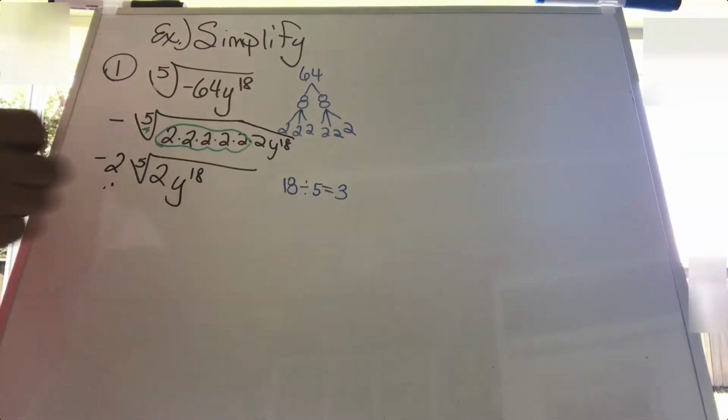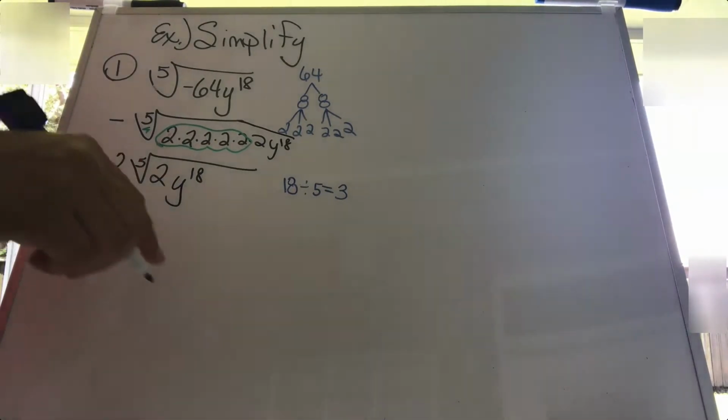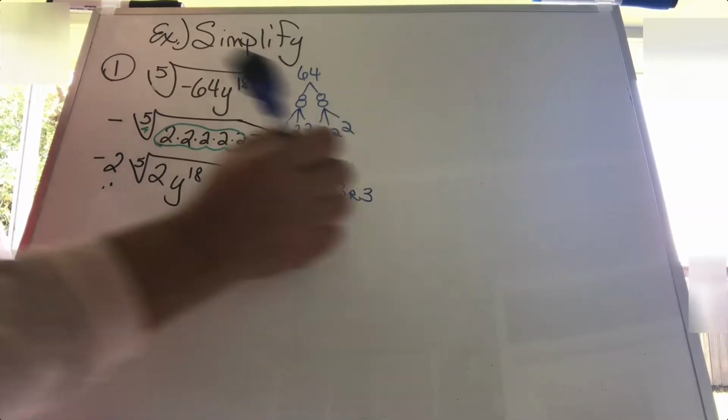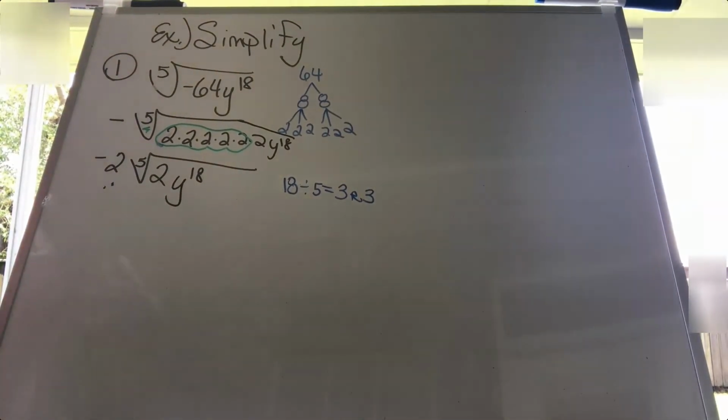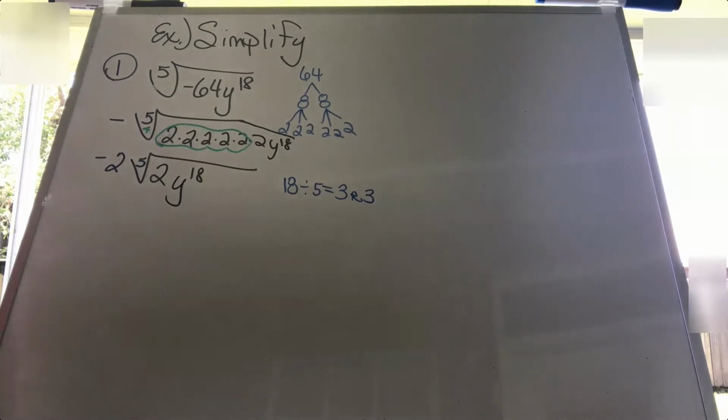So 5 goes into 18 3 times, because 5 times 3 is 15. And if I take that 15 and subtract it from the 18, I will have a remainder of 3. So that means I'll be able to take 3 y's out and leave 3 y's in.